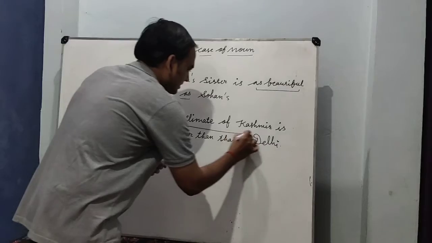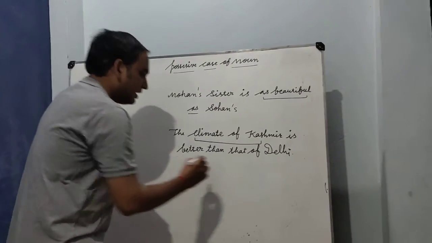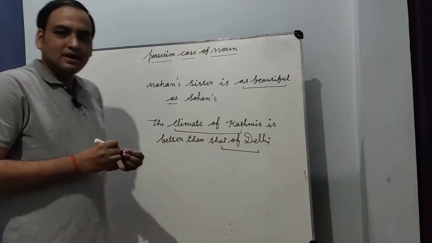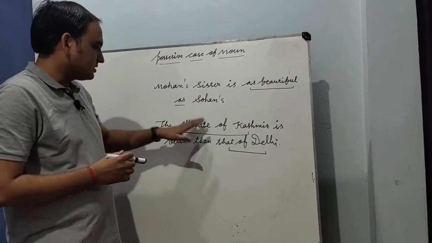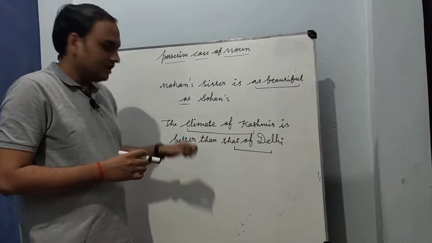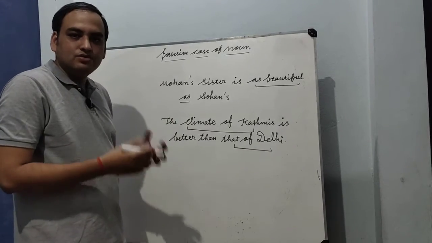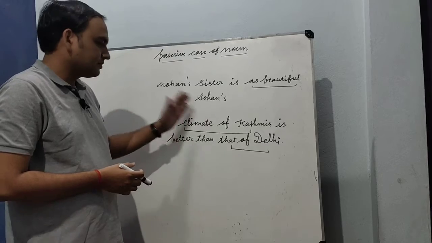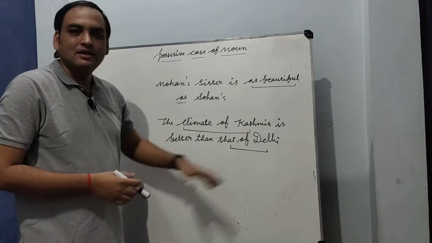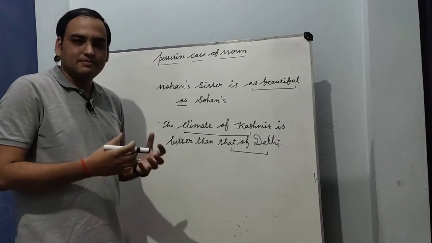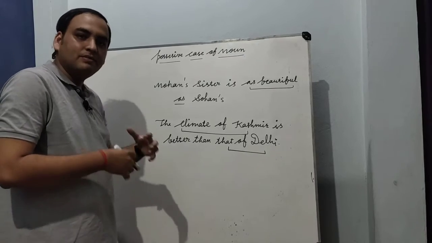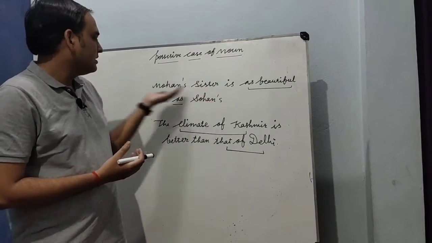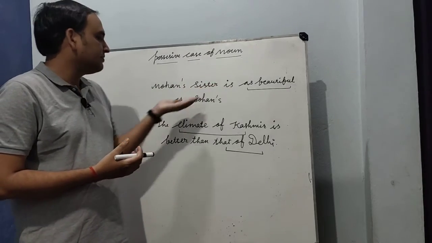Here we are using this possessive case and here we are also using possessive case. Here there is comparison about the climate of Kashmir and climate of Delhi. So in such situation we use possessive case of noun before than and after than, because it shows the correct meaning. Otherwise the meaning will be futile, as I have explained in sentence Mohan's sister is as beautiful as Sohan's.